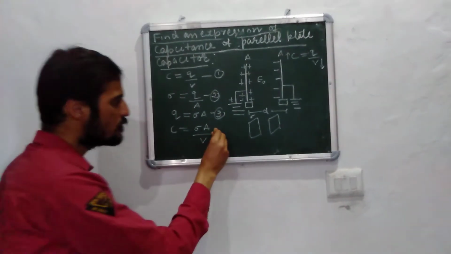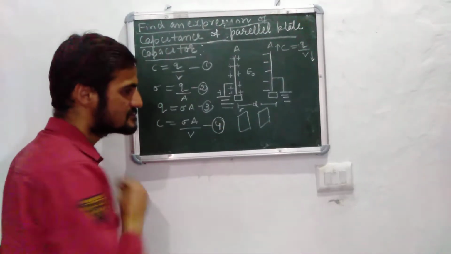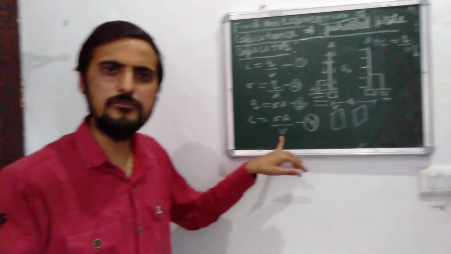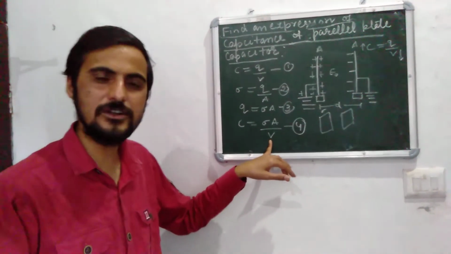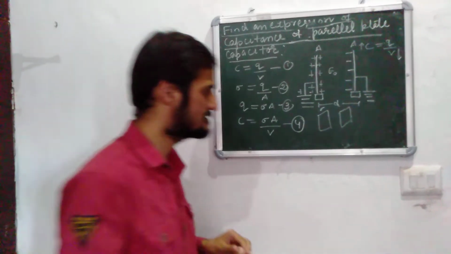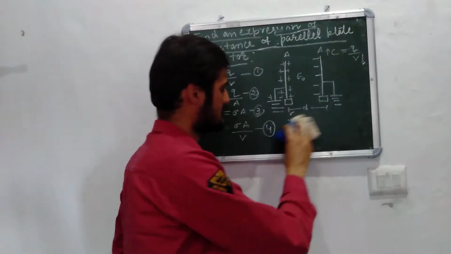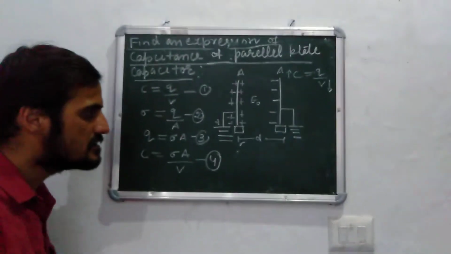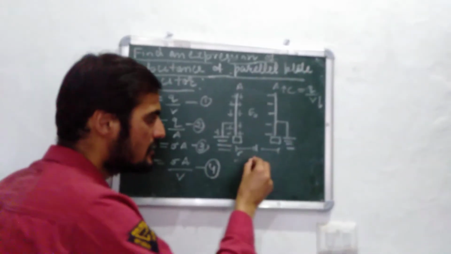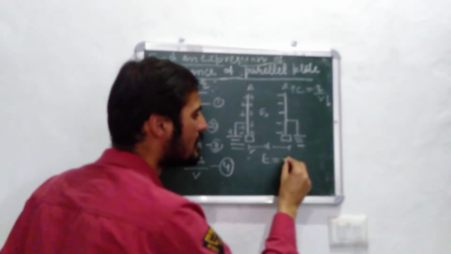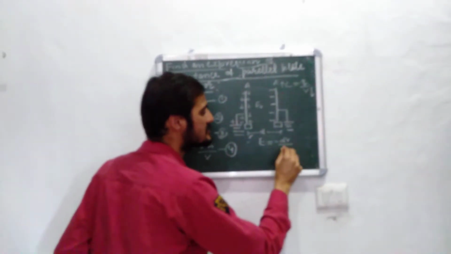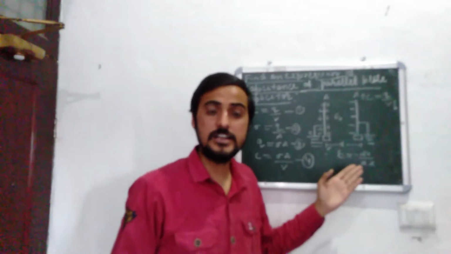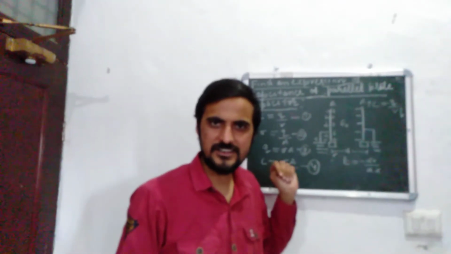This is equation number 4, where V is the potential difference. Now what we have to calculate is the potential. As we know, the relation E is equal to minus dV upon dx is the relationship between electric field and potential gradient.